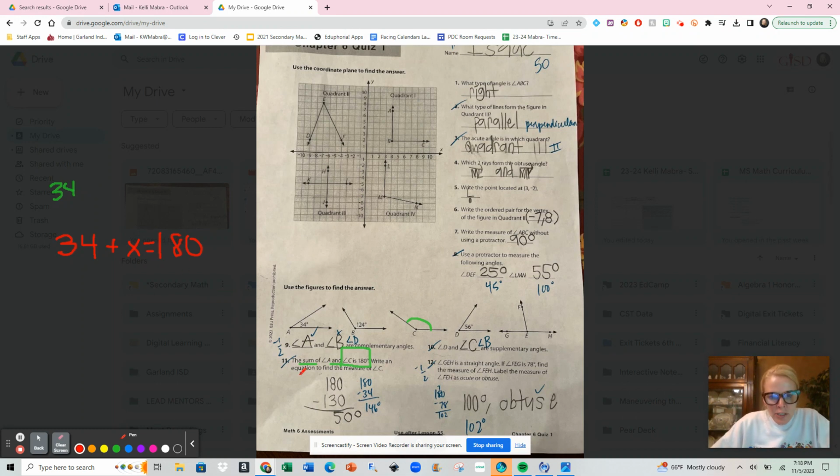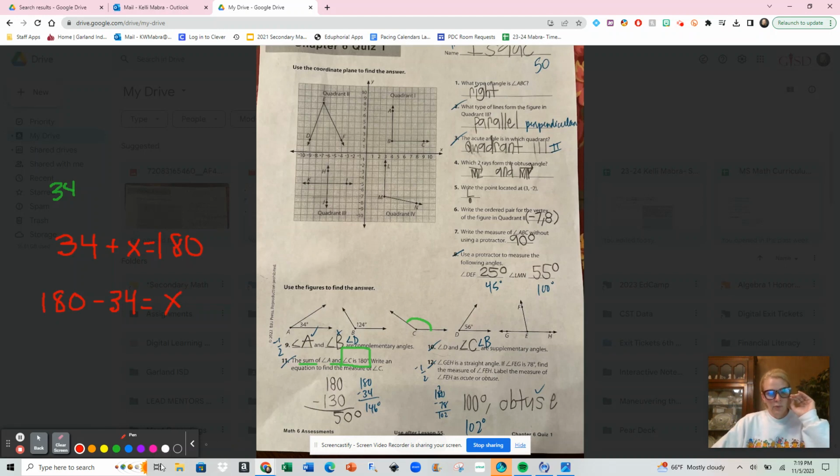So here's the equation. The equation is 34 plus X equals 180 degrees. Or you could have said 180 minus 34 equals angle C, or we're going to say X, just because I want to throw that variable in now.